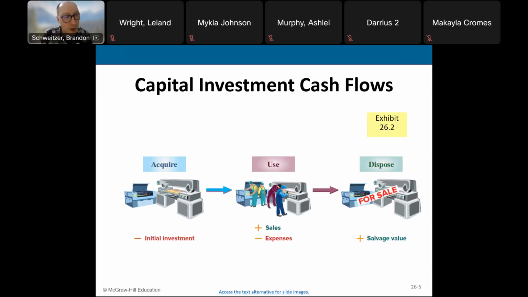That's the whole reason why I would even invest in a new piece of asset, is that it helps me produce more sales. Okay, so I'll get cash coming in to the business from my sales.